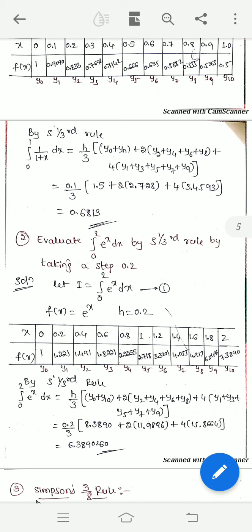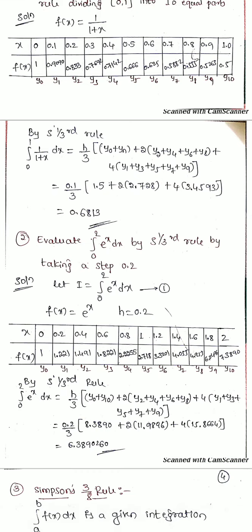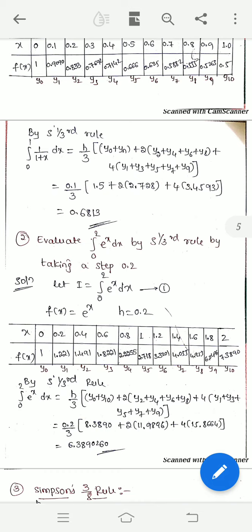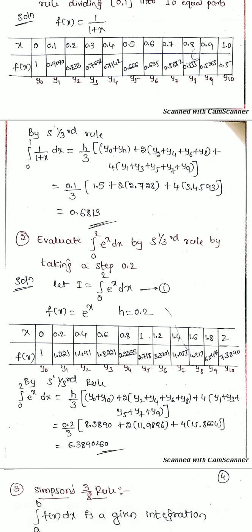That is equal to h by 3 into y0 plus yn plus 2 into all the even terms, that is y2 plus y4 plus y6 plus y8, plus 4 times all the odd terms, that is y1 plus y3 plus y5 plus y7 plus y9.